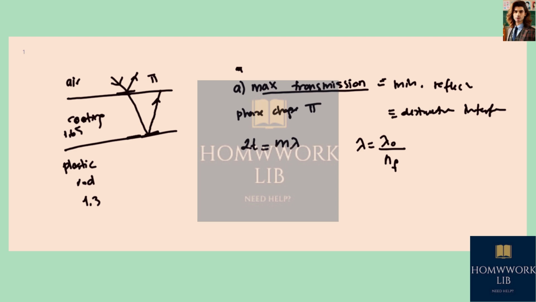So twice the thickness is m times lambda naught over n film. If we divide both sides by 2, then we get the thickness as m lambda naught over 2 n_f.